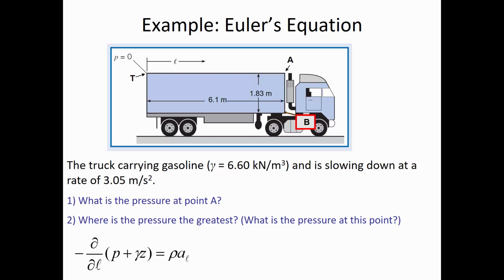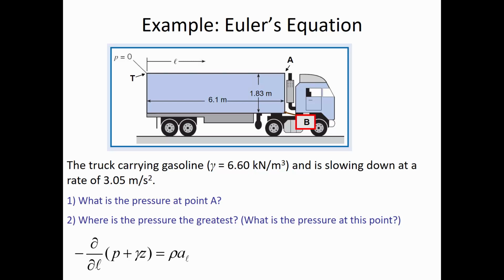So what is the pressure at B is the question. There's a few things that we can cancel out. This time let's have the datum be the bottom of the tank anyway. So if the bottom of the tank is our datum, z equals 0 here at the bottom, and at the top here z equals 1.83.